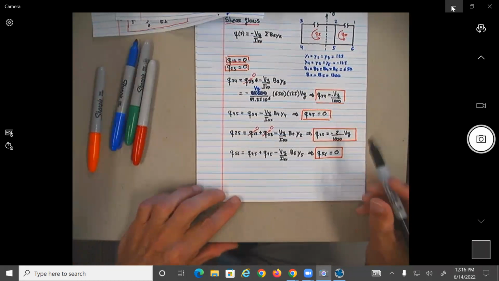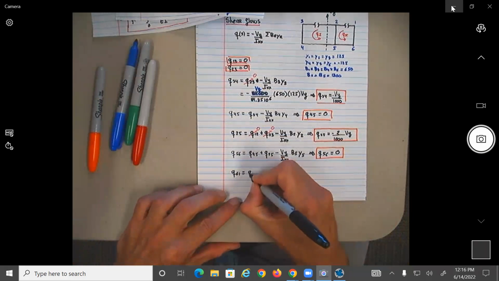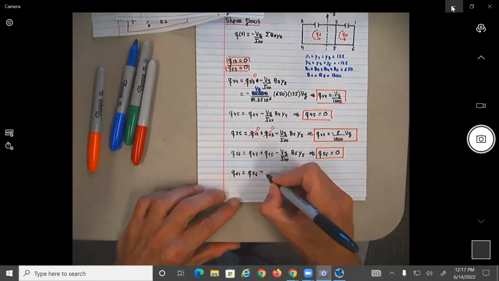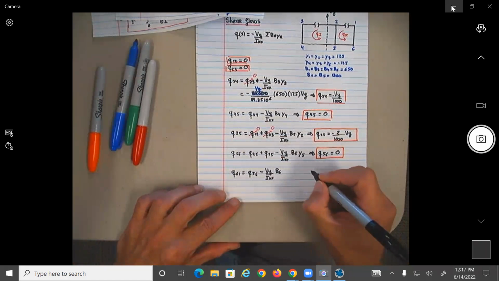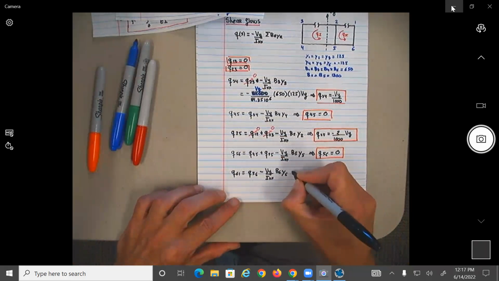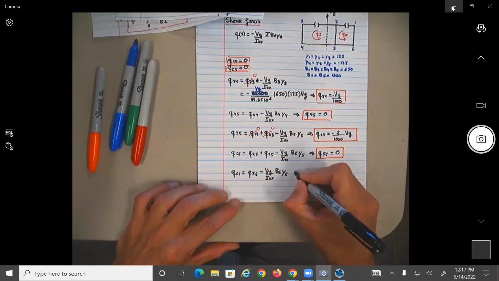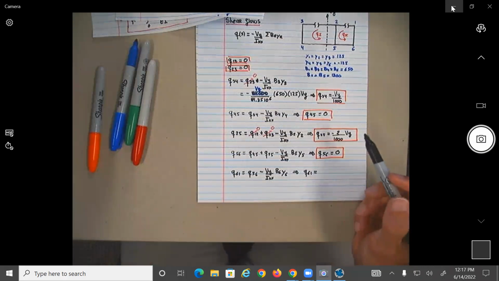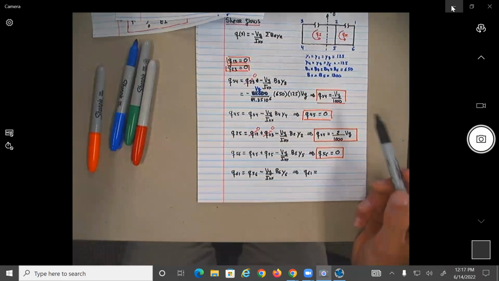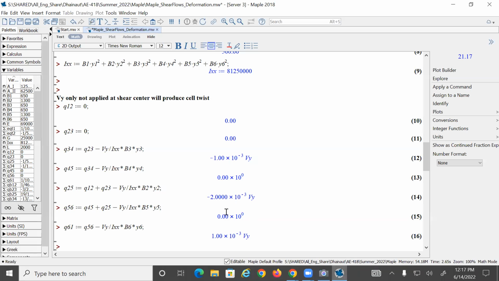All right, then what else do we have? Q61 is going to be equal to Q56 minus Vy over Ixx V6 Y6. What should that be? It should be the same thing we got for Q34, but on the negative side, no?